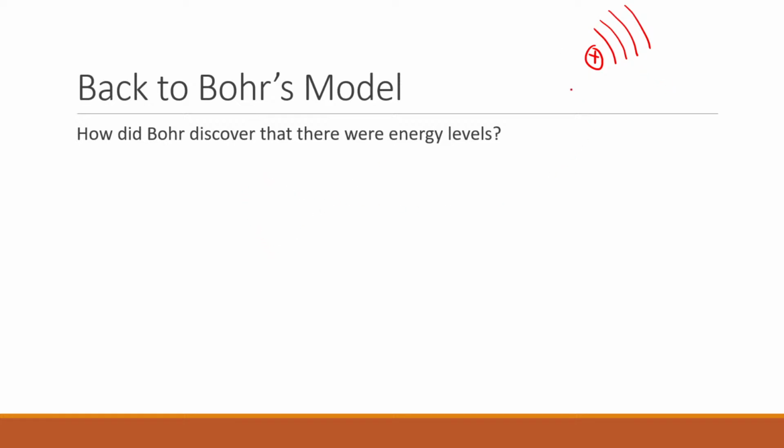He put in a small amount of energy and a large amount of energy and everything in between, and no matter what energy he put in, he got one of four results back. And he thought, that's weird. That shouldn't be happening this way.